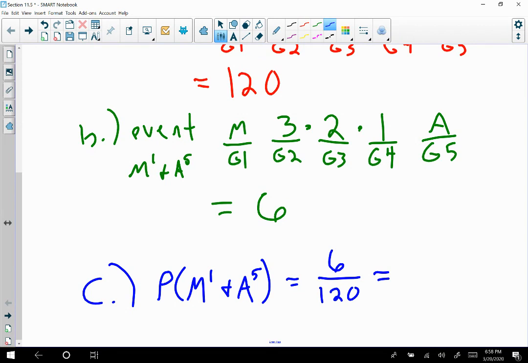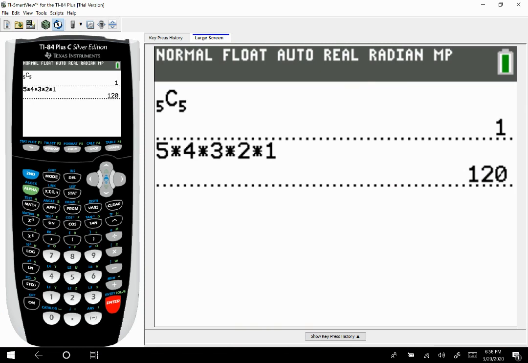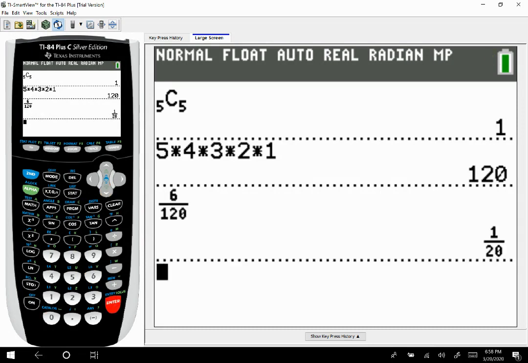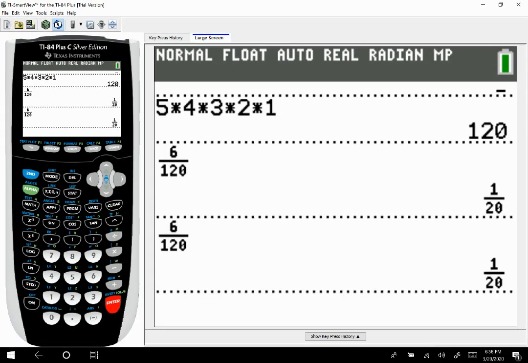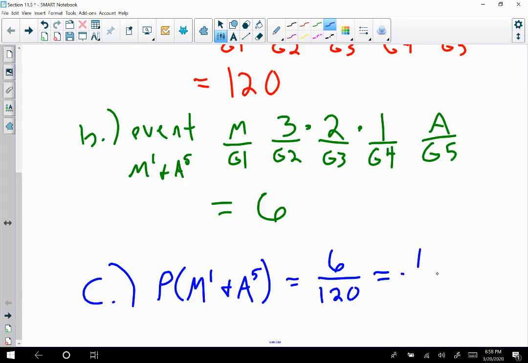And if you go to your calculator, let it do its job. Alpha y equals 6 over 120. And there's your answer. So we go back. 1 over 20. Yay! We did it. Let's do it again. Let's jump to the next problem.